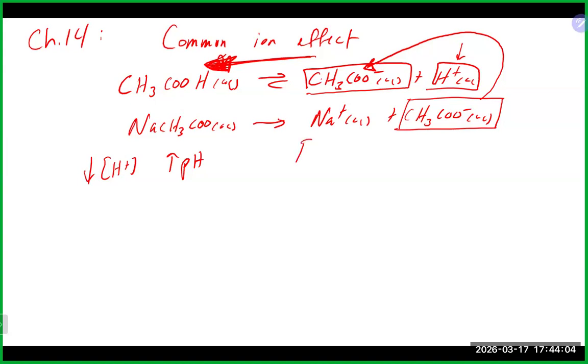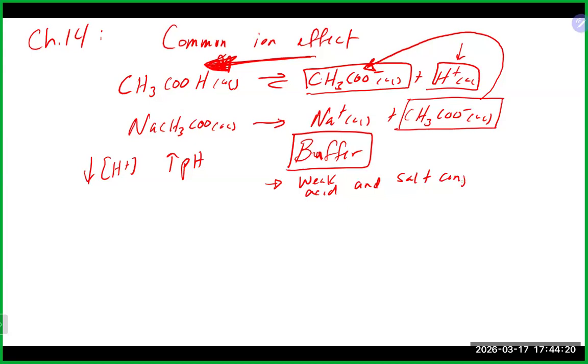The common ion effect is essentially what happens in a buffer, which is the main topic that we talked about at the end there, and which is really the same thing as a common ion effect. A buffer is made up of a combination of two things: either a weak acid and the salt of its conjugate base, or a weak base and the salt of its conjugate acid.